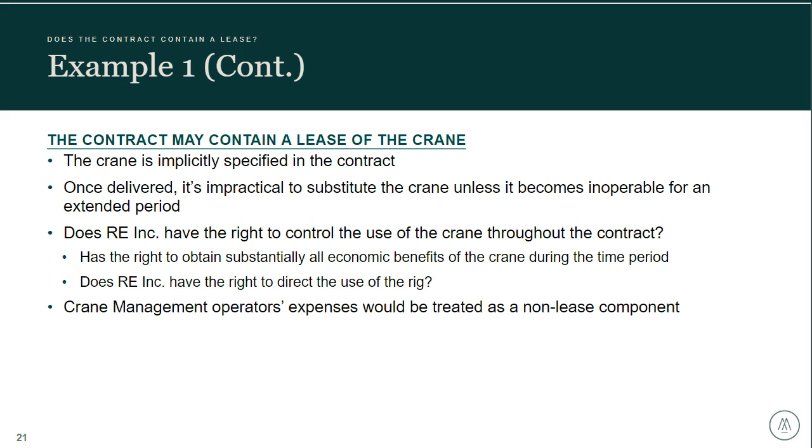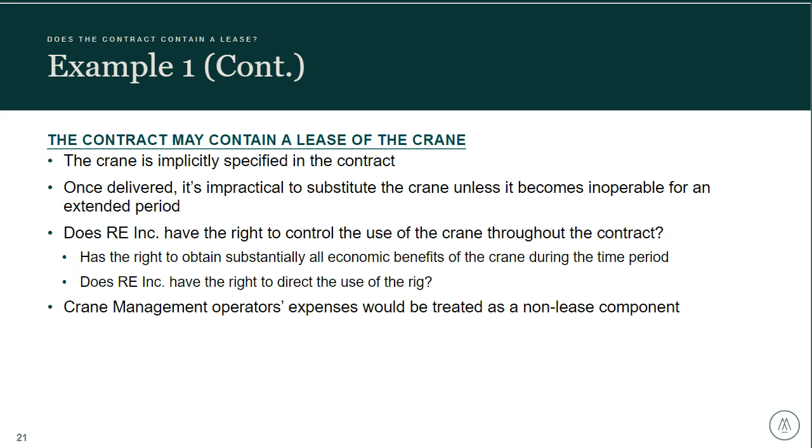So it's important to note that one of the keys to this is the substitution rights. In this example, we're saying no, it's not going to be easy or practical to substitute. But there's a two-prong approach. It's considered a substantive substitution right, and it has to be both practical and economically beneficial to the supplier.